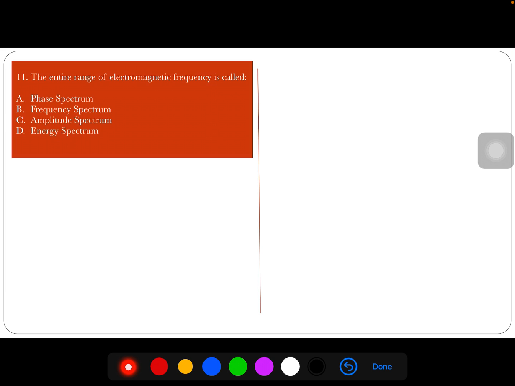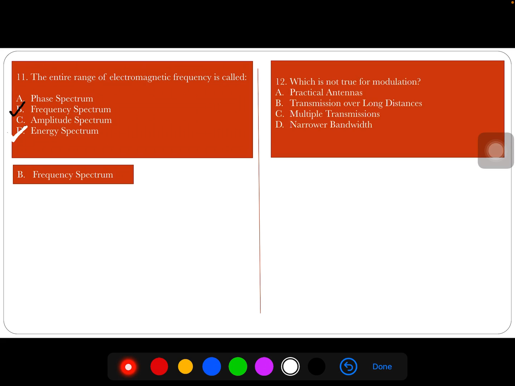So the whole range of electromagnetic frequencies is called electromagnetic spectrum, or you can also say energy spectrum. So the correct answer is frequency spectrum. So B is the correct option.